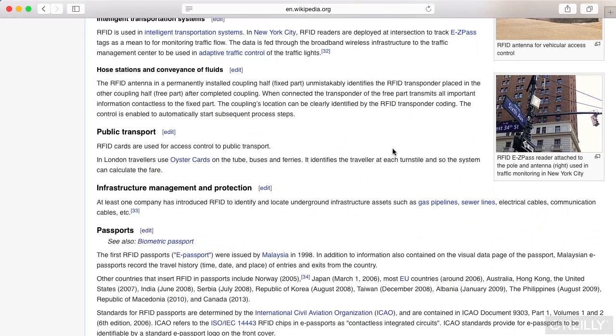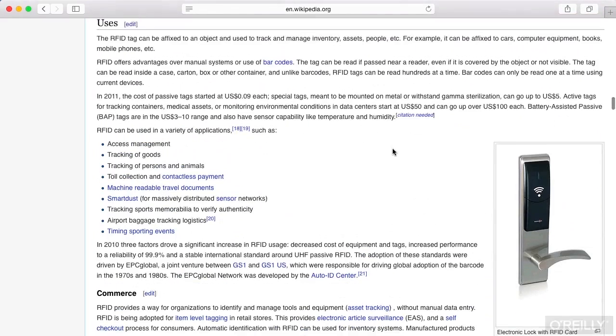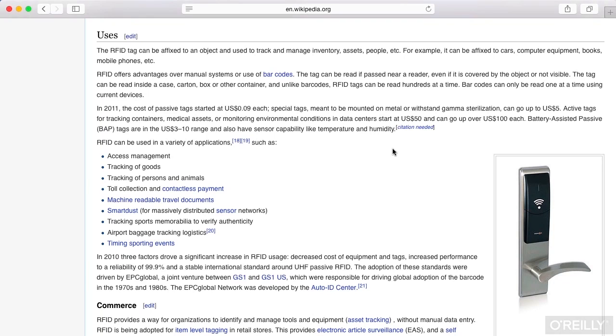Now, there's a disadvantage to RFID in the sense that I may be able to pick up information from an RFID chip by having a scanner, and by actually scanning that chip, I may be able to pull data out of it. So as a result, there needs to be additional security controls in place so that not everybody can just read the chips that are going by.